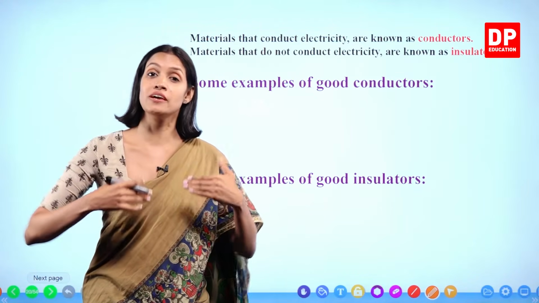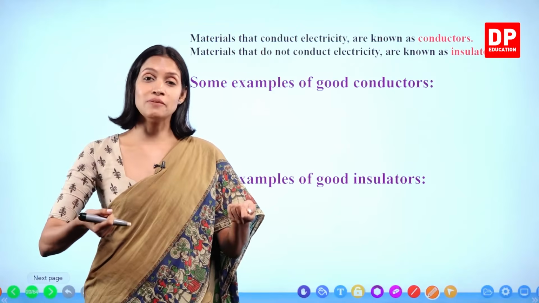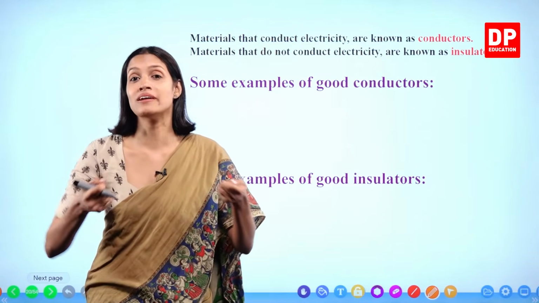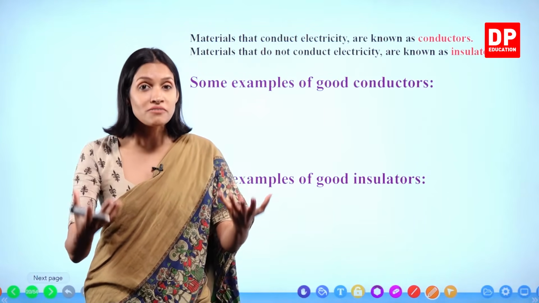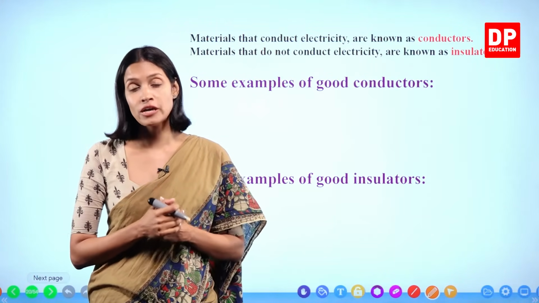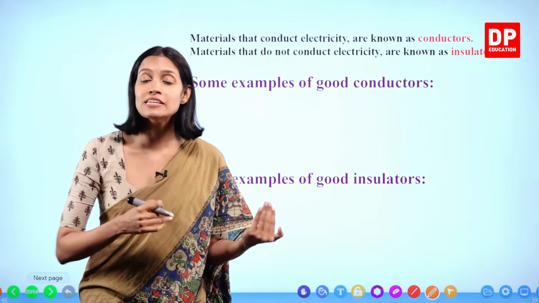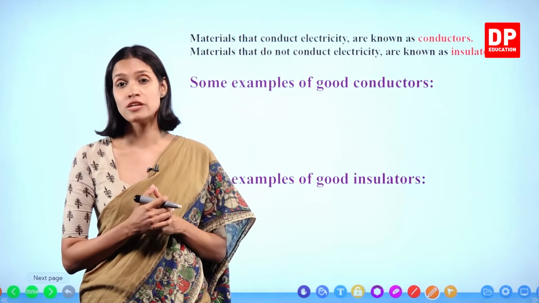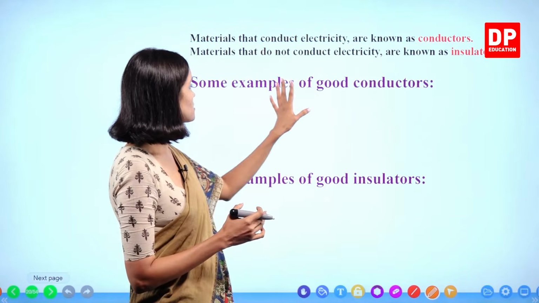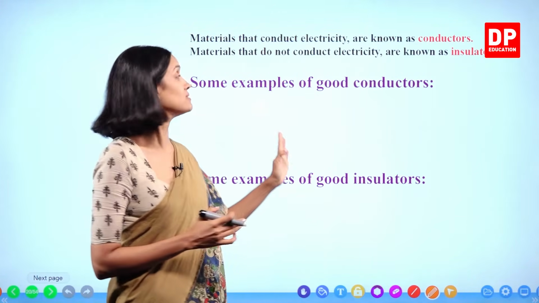What will happen if the handles and all the other parts that we hold or carry also contain conductors? Whenever we run the machine, we will get electrocuted. So that's why I told you conductors and insulators are all very important and we use them in our day-to-day lives.